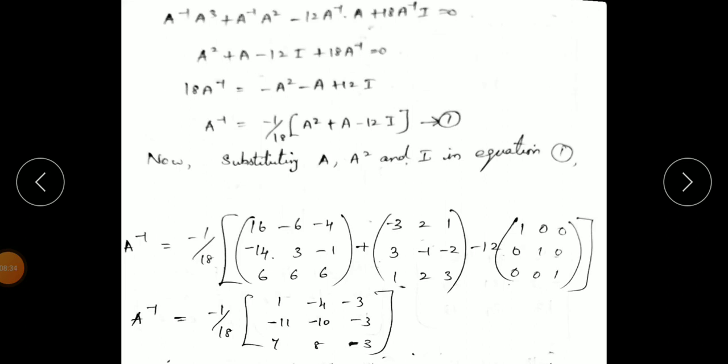After that, you multiply A inverse on both sides of that equation, and then take the A inverse term to be the left hand side and get the remaining term to be the right hand side. After that, once more we have to apply the A squared, A value, whatever they are in that equation, you can apply and get the answer as A inverse. So this is a 10 mark question.